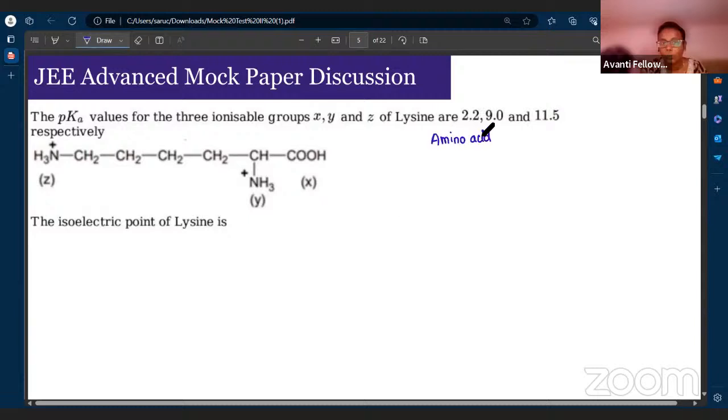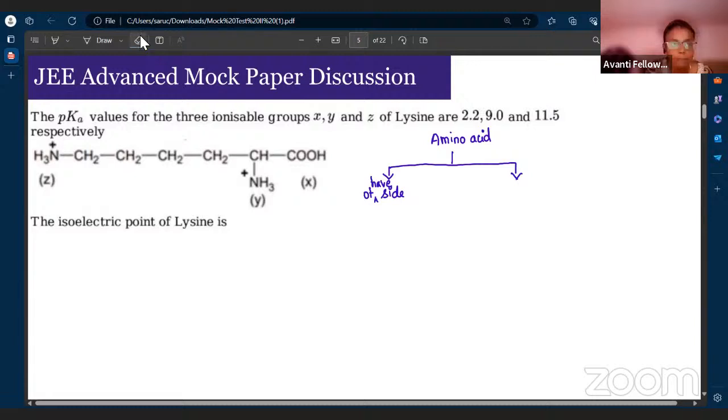You have to check whether the amino acid has a side chain or not. If it does not have a side chain, or I can simply say no R group.